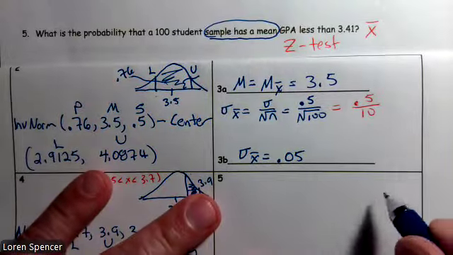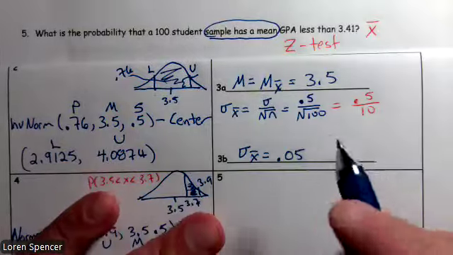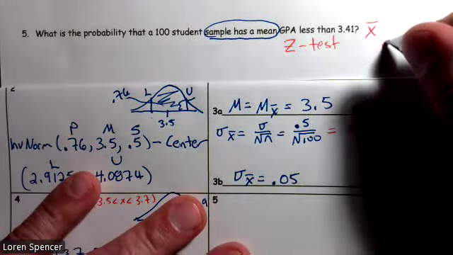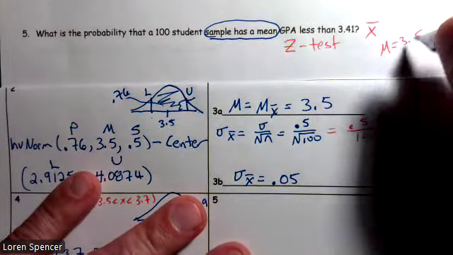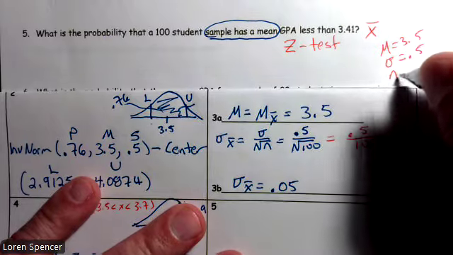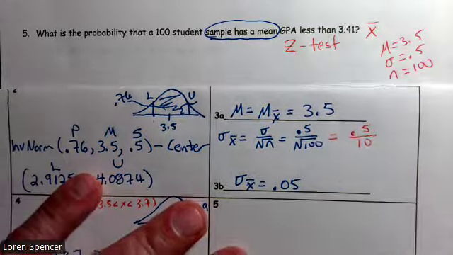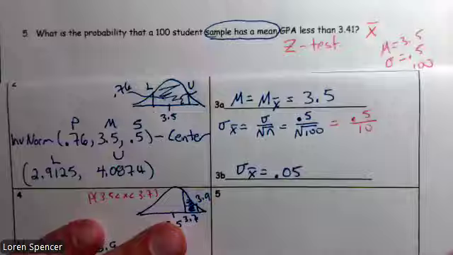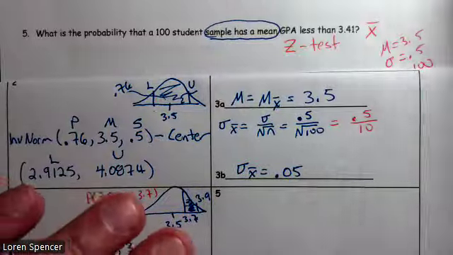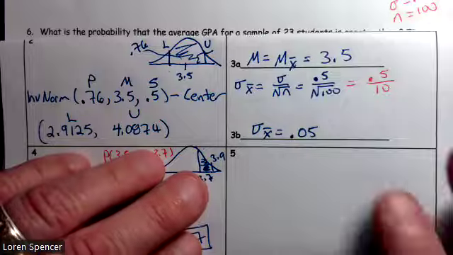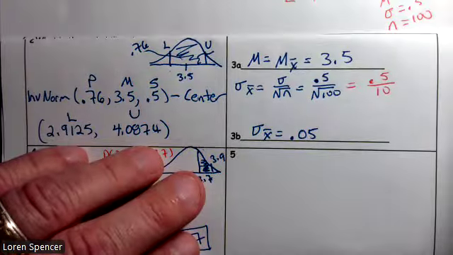We need to see that picture again. Well, what was our mean of our population? I'm just going to write it over here. The mean of our population was 3.5. Our standard deviation is 0.5. And here they're telling us we have a sample size 100. We need to keep that in mind as we work through this problem. So looking at number 5, running a little bit out of room.